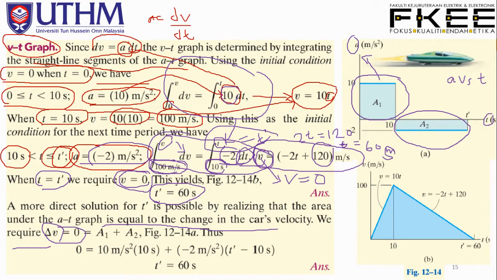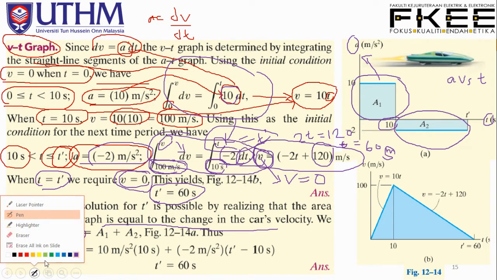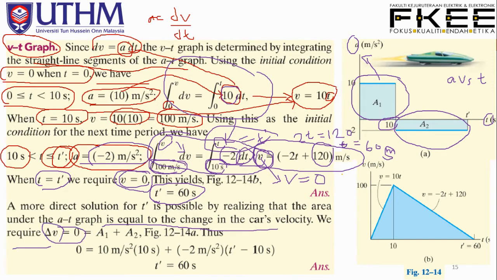Again, this is for the first 10 seconds, where we have the acceleration at 10 meters per second squared. This is the second part, A2, after 10 seconds up to t prime. We don't know yet the value of t prime. This is only the second alternative on how to solve the first one.